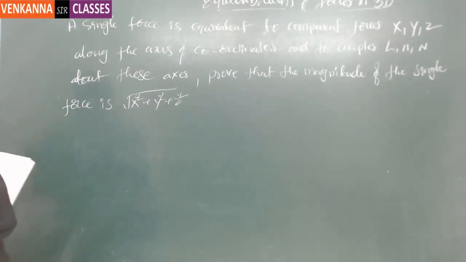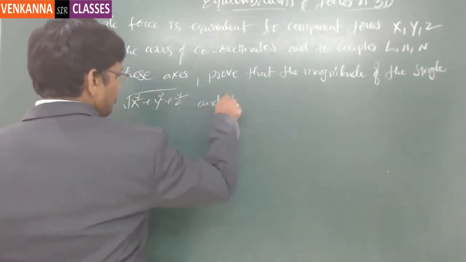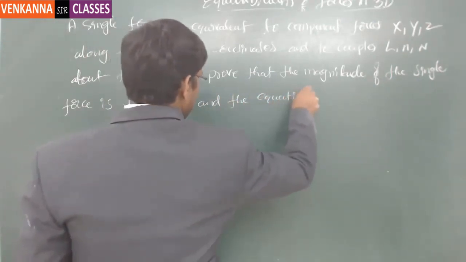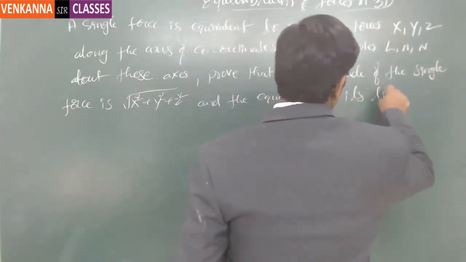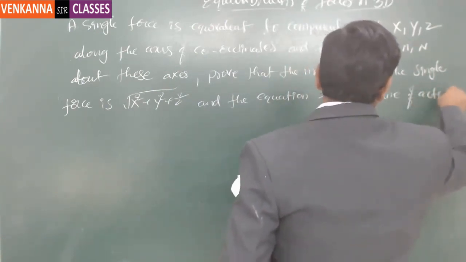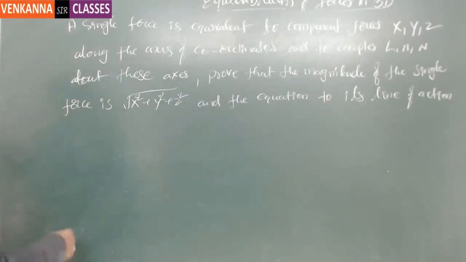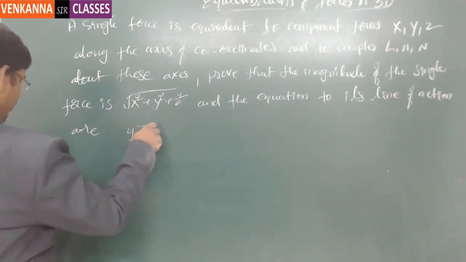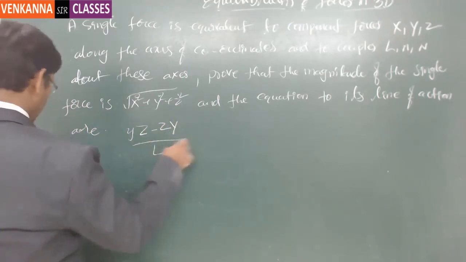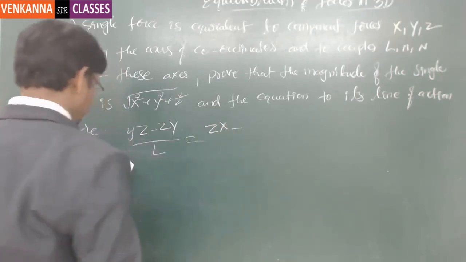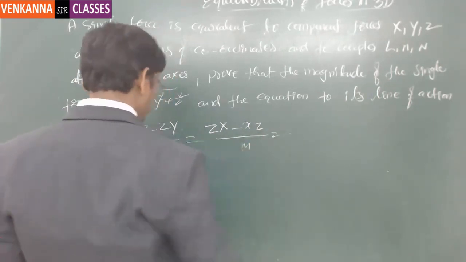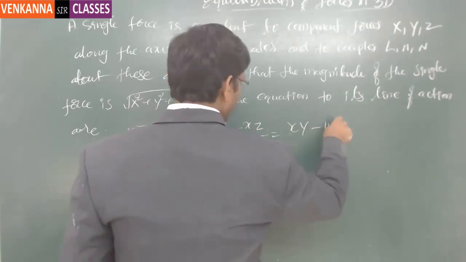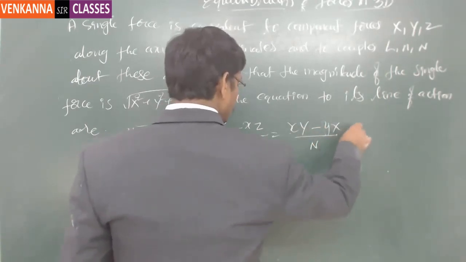and the equations to its line of action are (yZ minus zY) divided by L is equal to (zX minus xZ) divided by M is equal to (xY minus yX) divided by N is equal to 1.